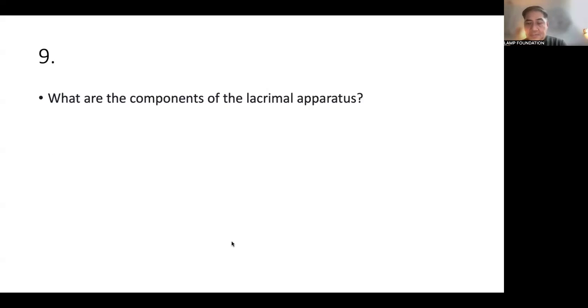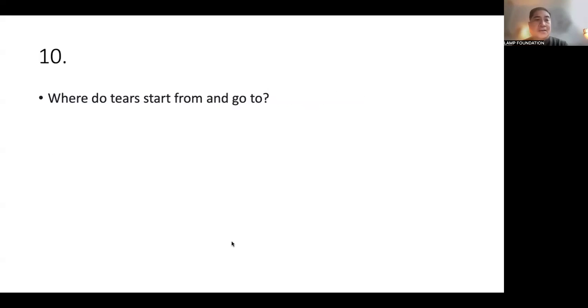Lacrimal gland and lacrimal ducts. Where do the tears start from and go to? Conjunctiva by lacrimal ducts.